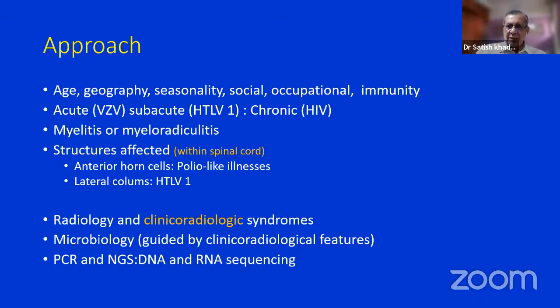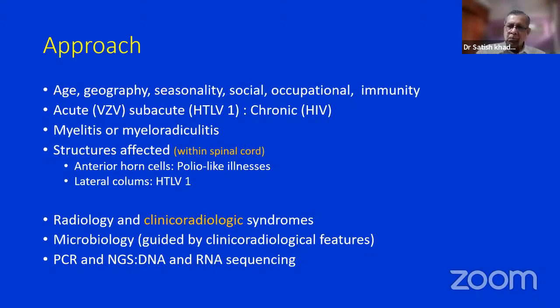Now, radiology has become an inseparable part of spinal cord dysfunctions. In fact, when we are talking of diagnostic syndromes, we are really talking of clinico-radiologic correlations or clinico-radiologic syndromes. There will be a talk on radiology about the specific features. Then microbiology follows, which is either guided by clinico-radiological features or, like everywhere else, blanket studies where everything possible is done.